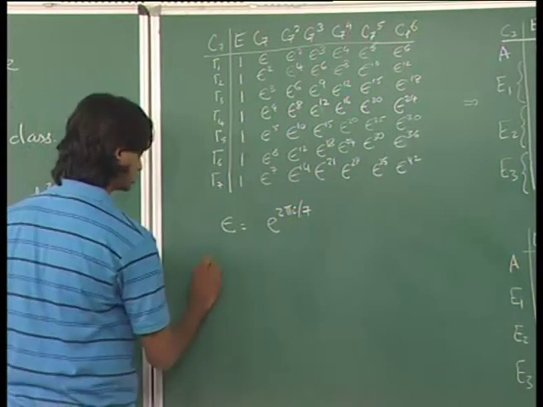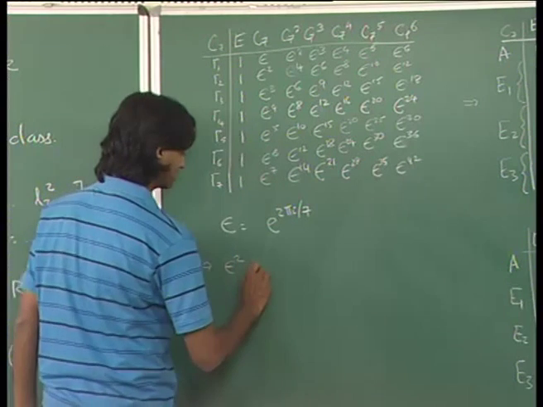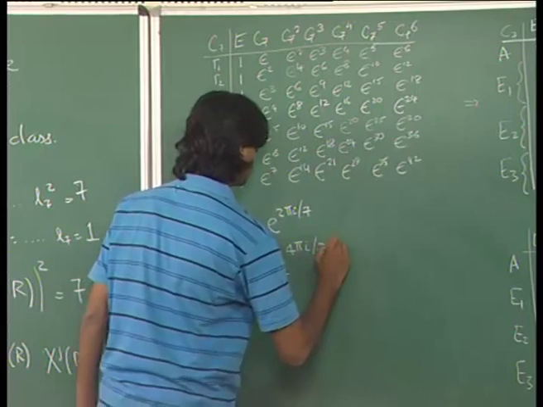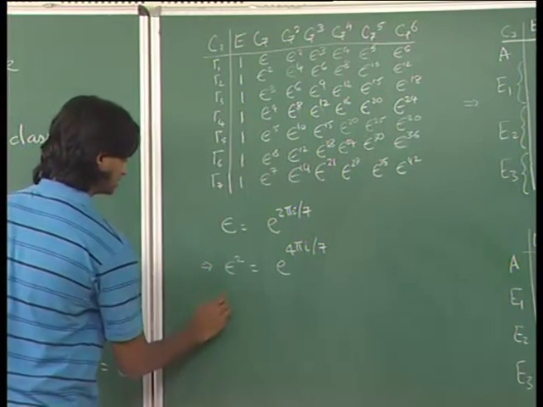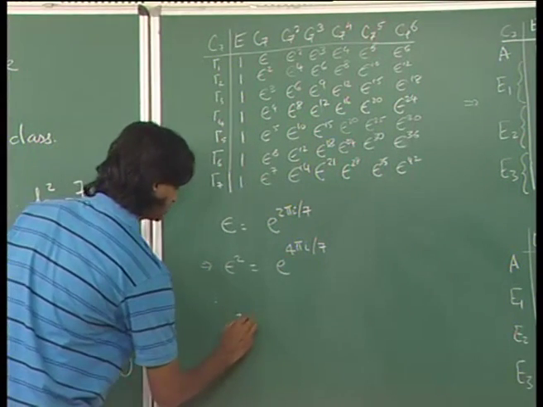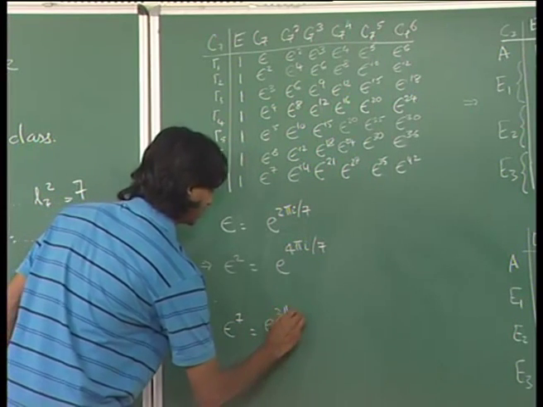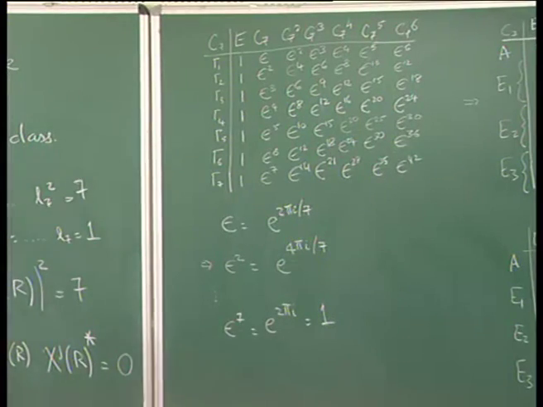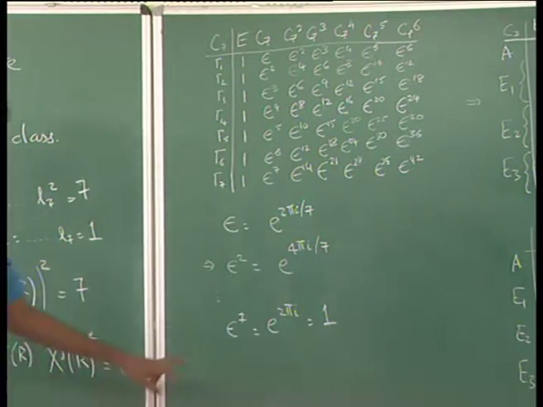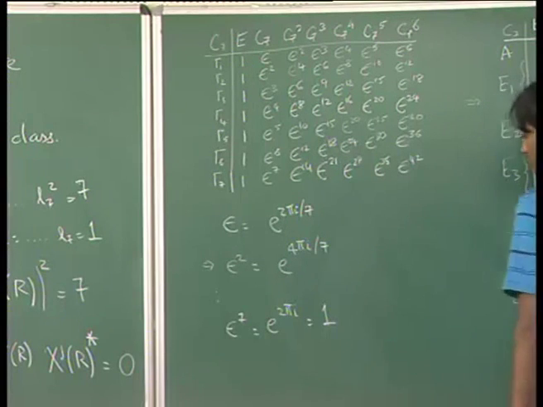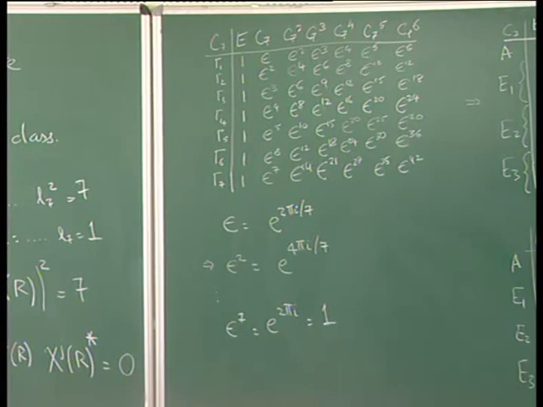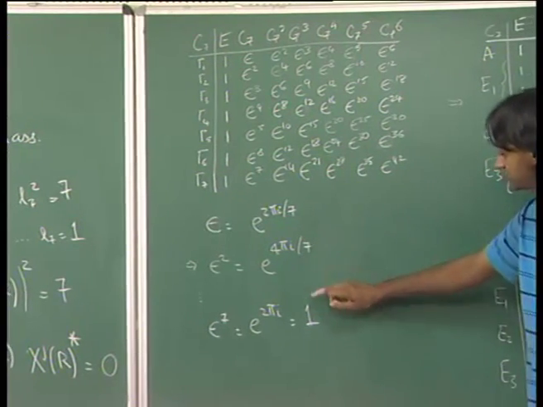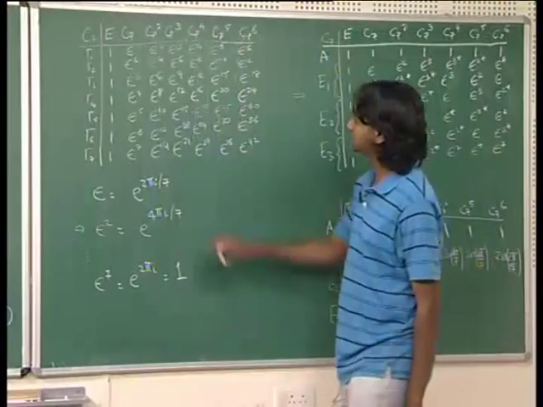So epsilon square is equal to e to the 4 pi i over 7 and so on, and epsilon raised to 7 is equal to e to the 2 pi i, which equals 1. So epsilon denotes one of the 7th roots of identity.